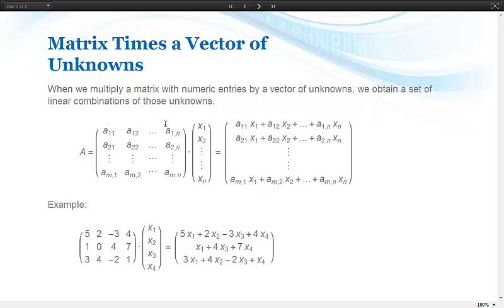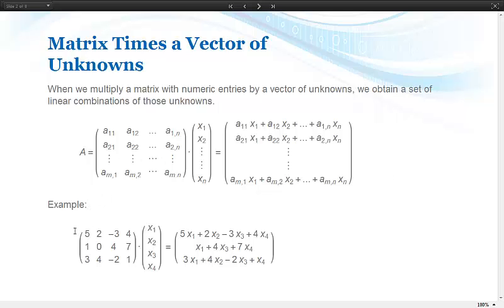The dot product of the first row with the vector of variables would give a11 x1 plus a12 x2, etc., on to a1n xn. Notice the length of the vector has to be the same as the number of columns. And so this gives me a linear combination of the variables, where the a's are constants and the x's are the variables. When I do the second row, I get a different linear combination of the variables.